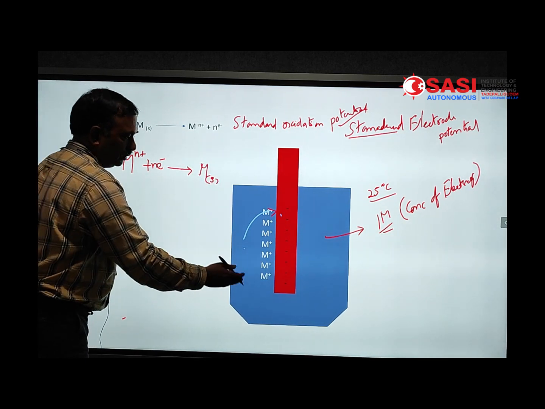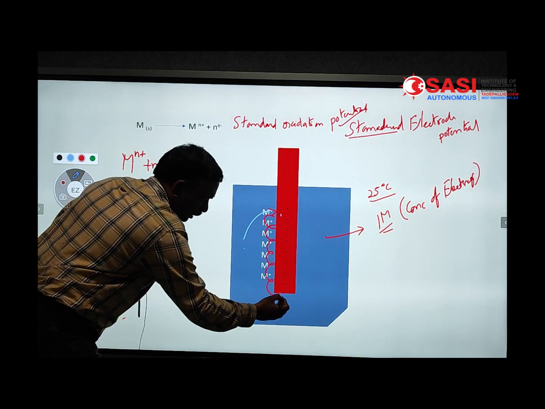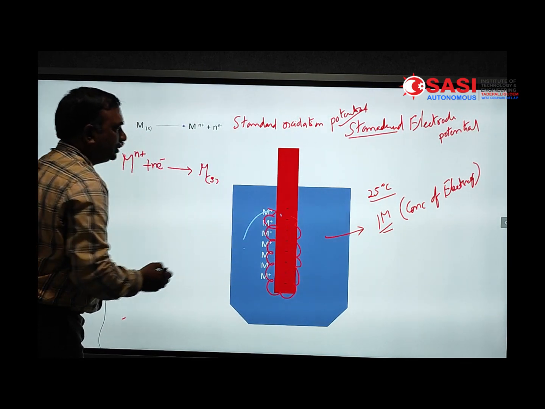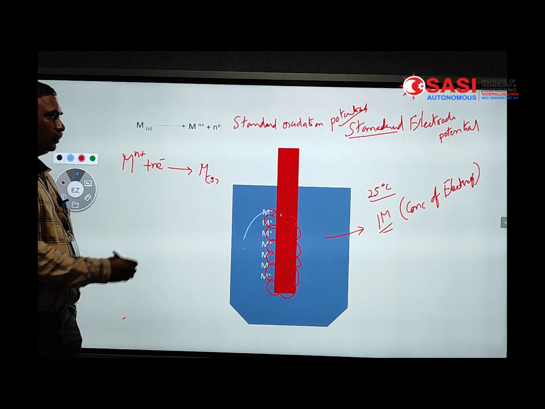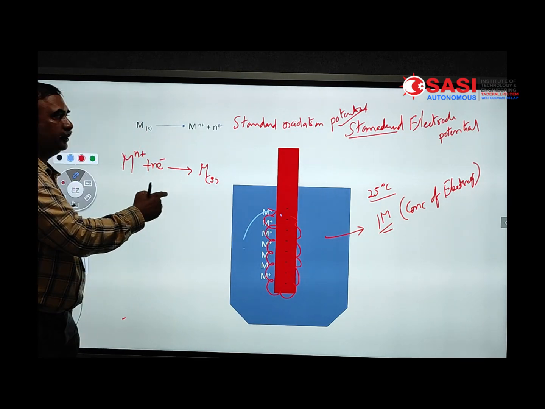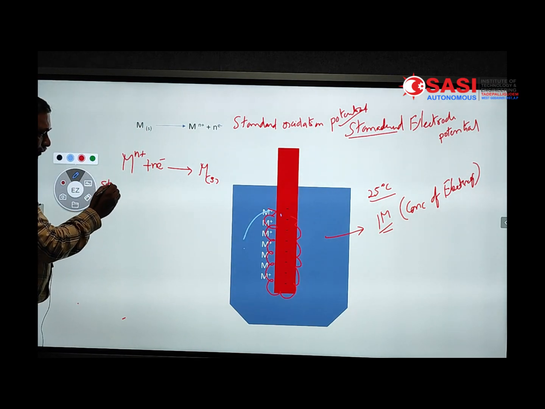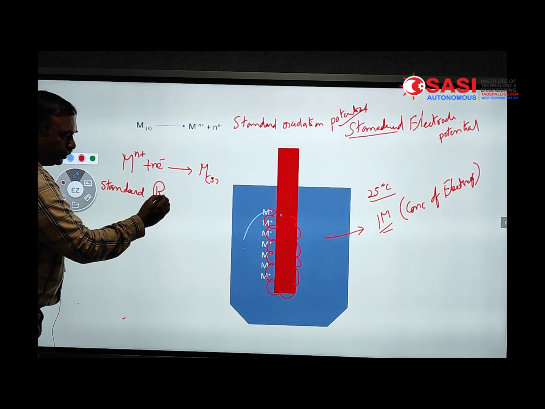That is, metal ions are going and they are depositing on the surface of the electrode. Then what is the reaction? Since the electrons are consumed in this reaction, this is called reduction, and the potential developed due to this reaction is called standard reduction potential.